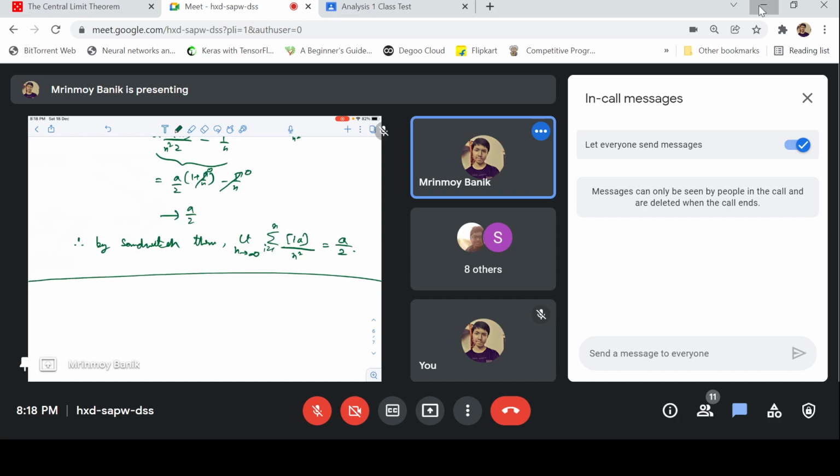However long we wait, however large the N is, there will be some n for which this difference is greater than that epsilon. With this we can try to construct a subsequence of f of xn which stays away from f of a. So how do we do that?